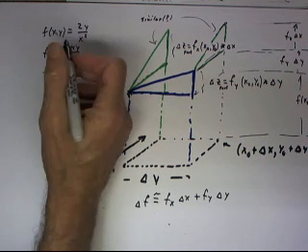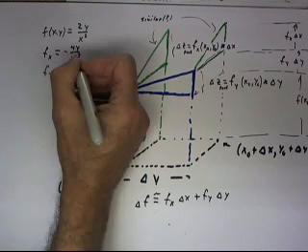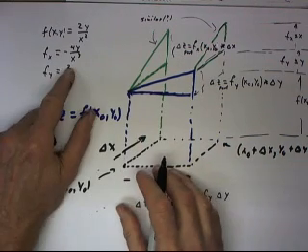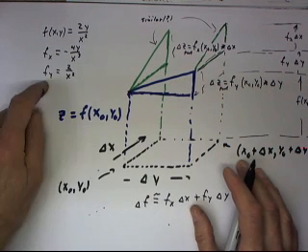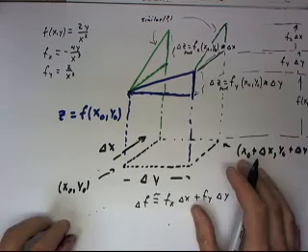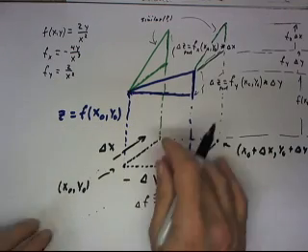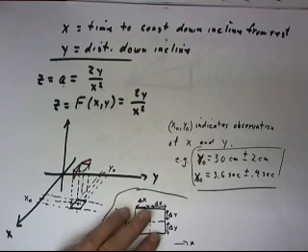Fy is going to equal 2 over x squared. Notice that our fx is negative, meaning that if we go in the negative x direction, we will increase our value. Fy is positive, so we go in the positive y direction, we again increase our value, validating the general picture that we've drawn.